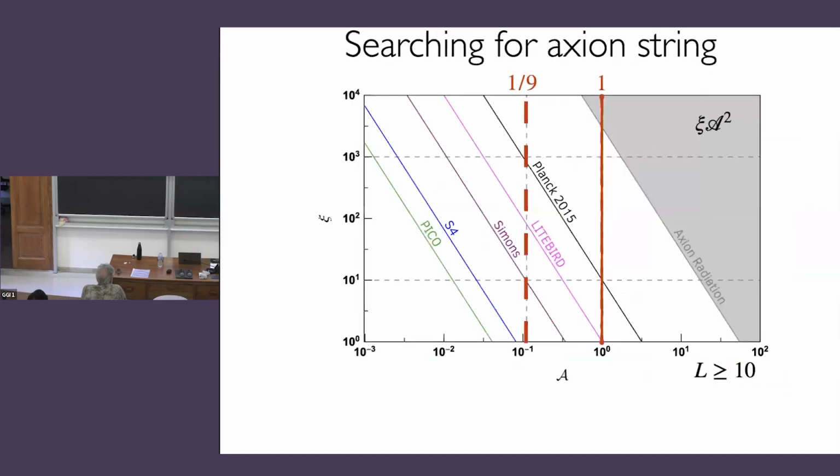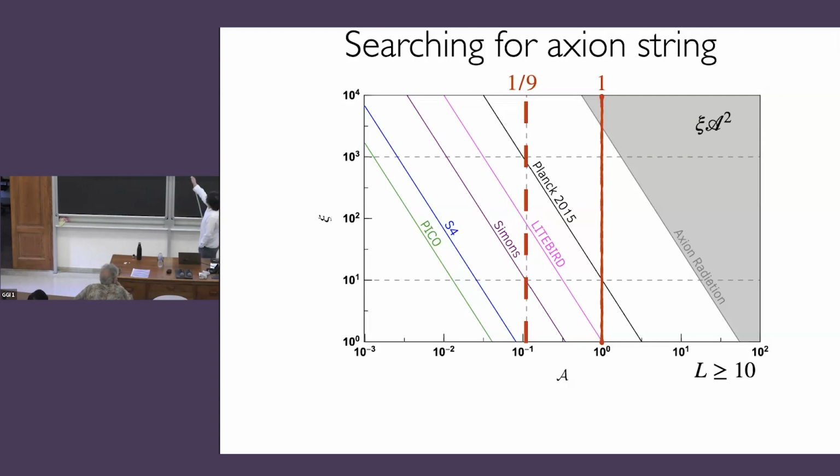I'm not going to bore you with the details. This is the result, plotted in terms of the two free parameters we used: C, which as you remember is the number of strings per Hubble patch, and A, the anomaly coefficient. Since this is coming from some charged matter similar to what the standard model has to offer, this anomaly coefficient should be at least an integer multiple of 1/9, or more likely an integer multiple of 1/3.